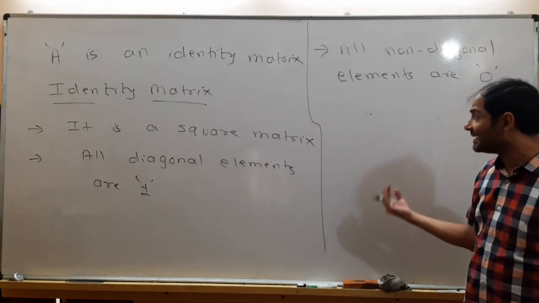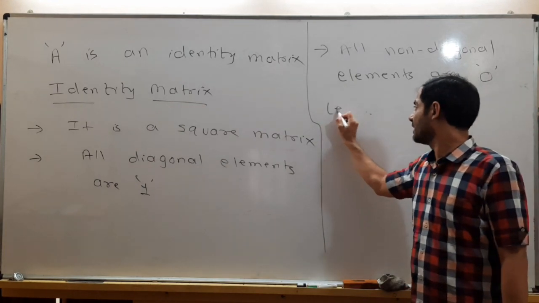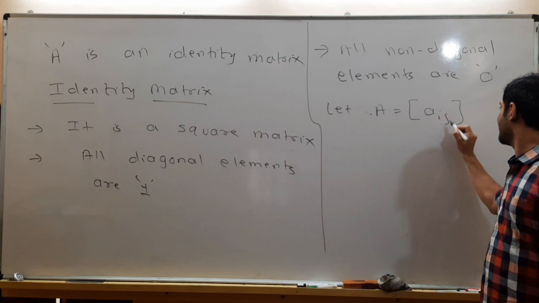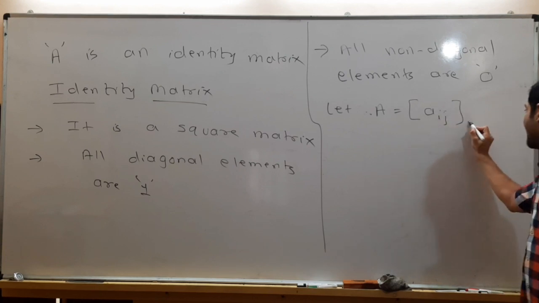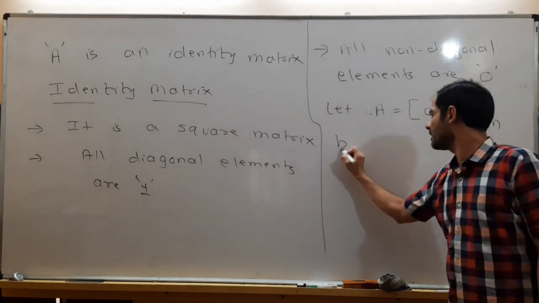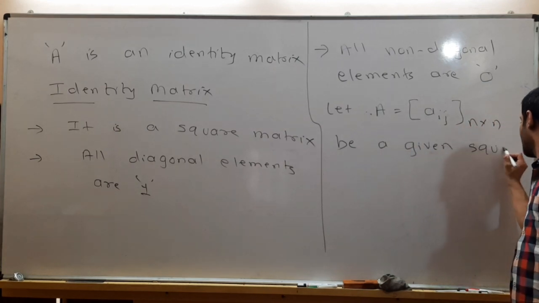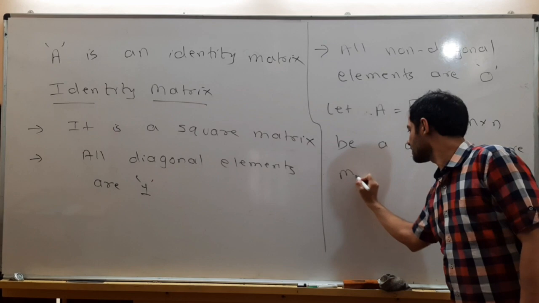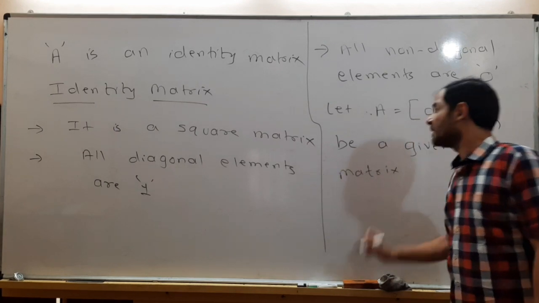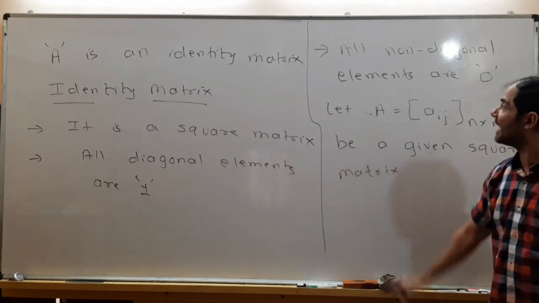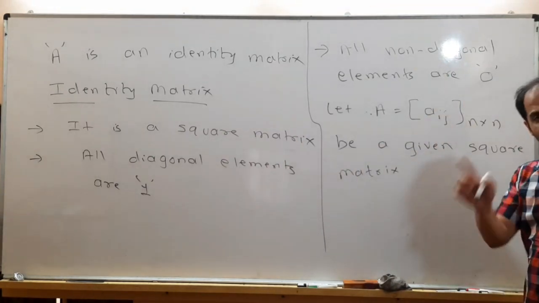Now let me write it in mathematical form. Again, let A is equal to Aij n cross n be a given square matrix. Now for it to be an identity matrix, diagonal elements have to be 1, non-diagonal elements have to be 0.